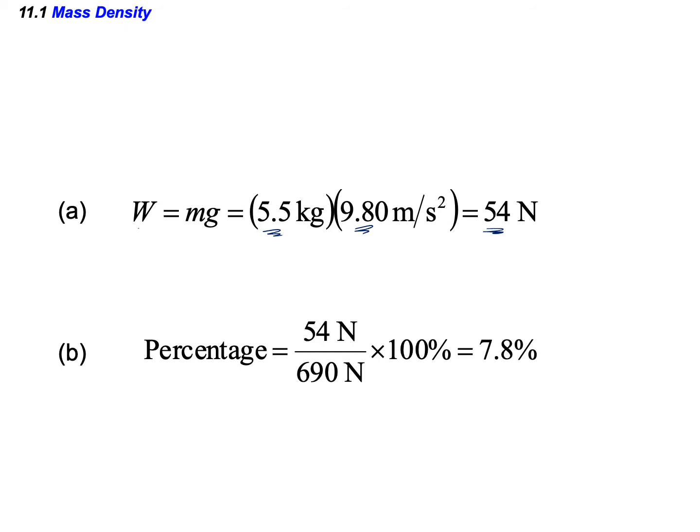So the percentage is blood's weight divided by body weight multiplied by 100%. The weight percentage of the blood compared to the body weight is about 7%. So in our body, about 7, almost 8% comes from the weight of blood.